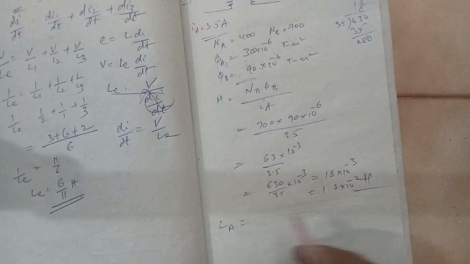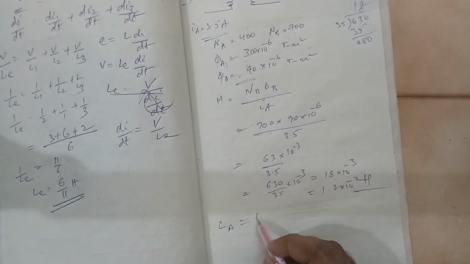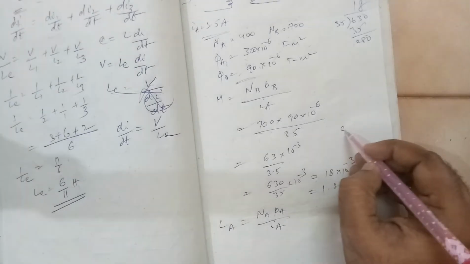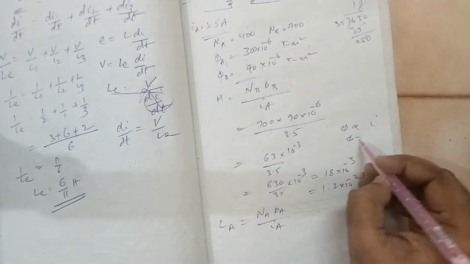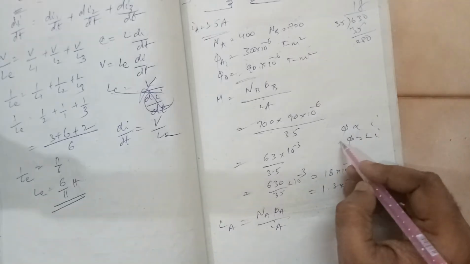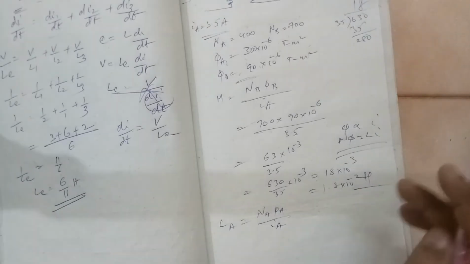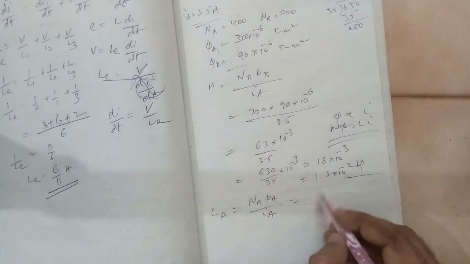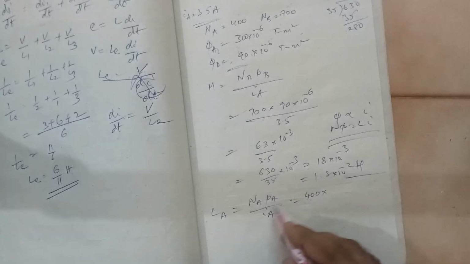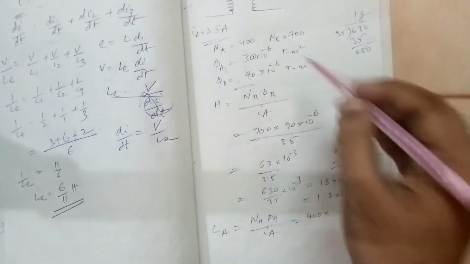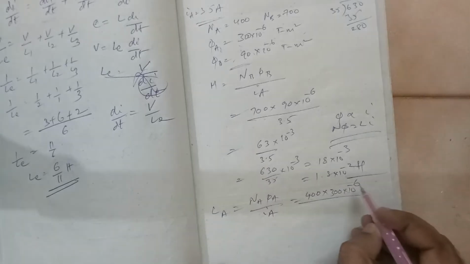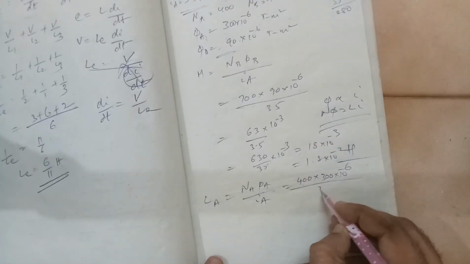L of A. So this is defined as flux of A divided by current of A. Remember, phi was proportional to I, phi is equal to Li, and here N turns. So LA will be equal to NA, it is 400 into flux of A, it is 300 into 10 to the power of minus 6 divided by IA, it will be 3.5.